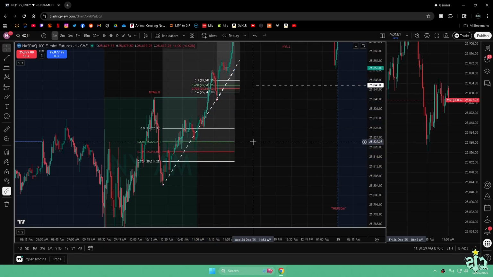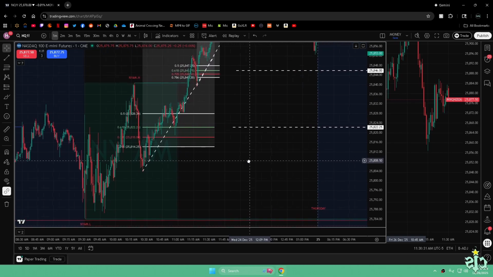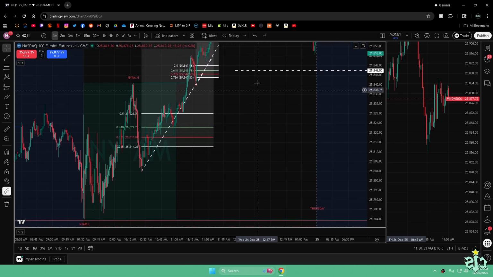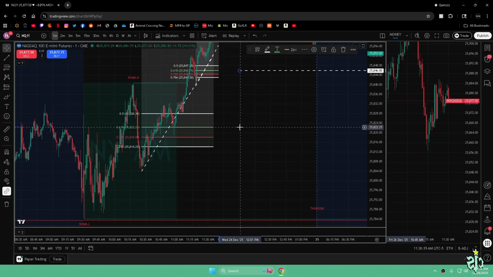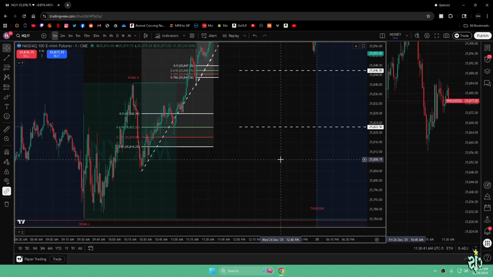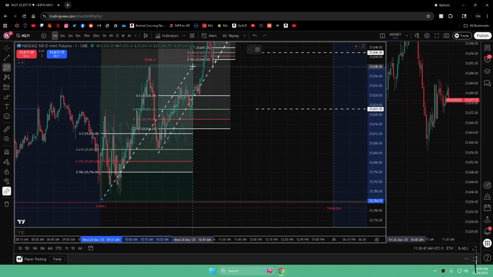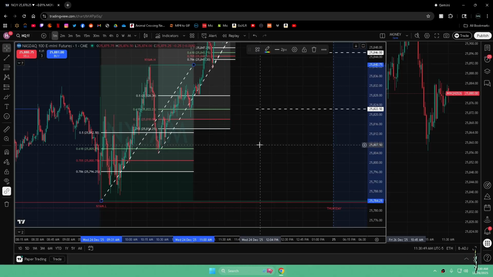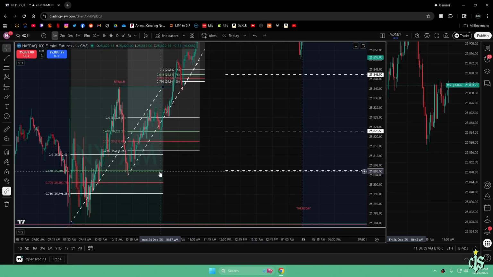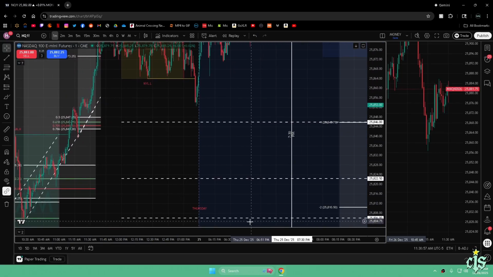Then we have, let me get these like right here. OCD. Okay. And then we have another range from this low to this high. Right. So there's our 3 fibs that we have.